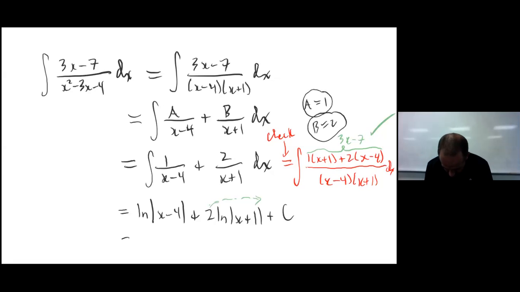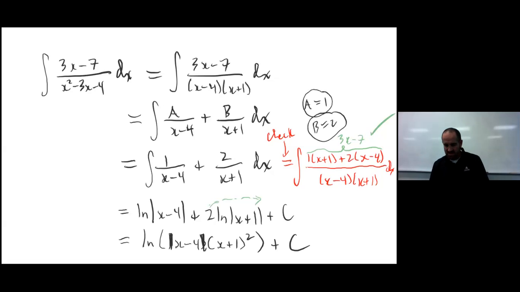So this is just the logarithm of the absolute value of x minus 4 times (x plus 1) squared. We don't even really need the absolute values on that since it's being squared, okay? But you don't have to necessarily do that last step. That's just something that would be convenient for other purposes, potentially, like in differential equations, where doing what I just did is actually fairly needful at times.